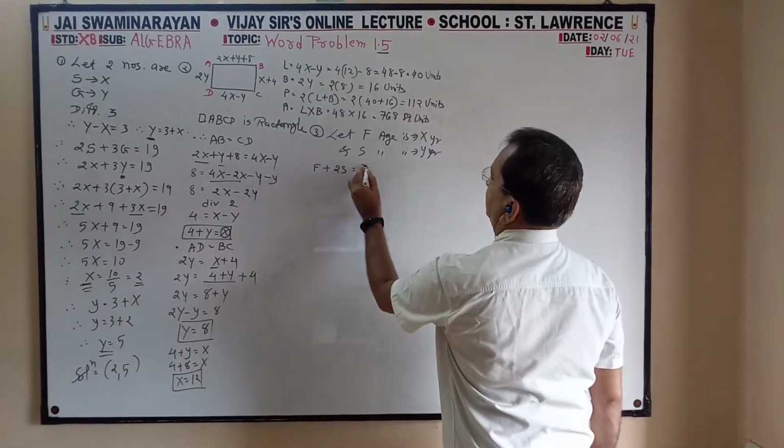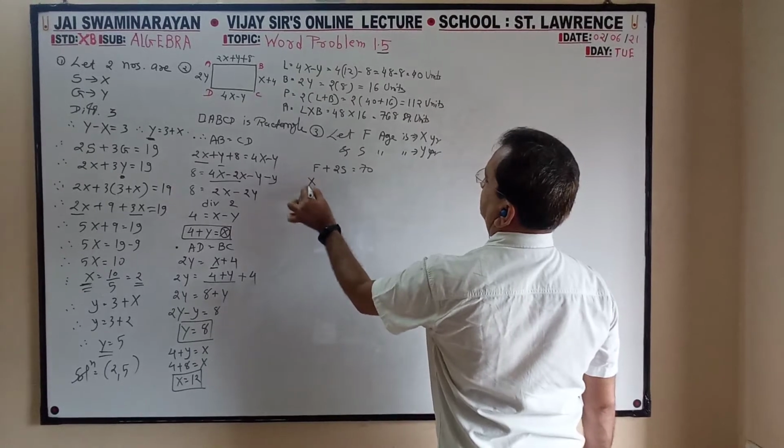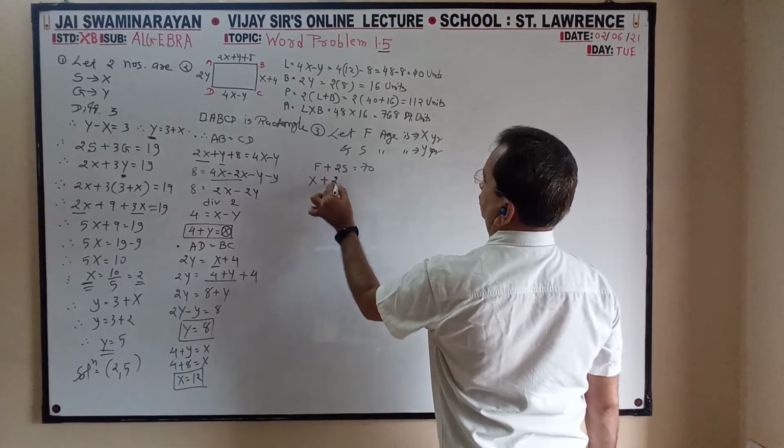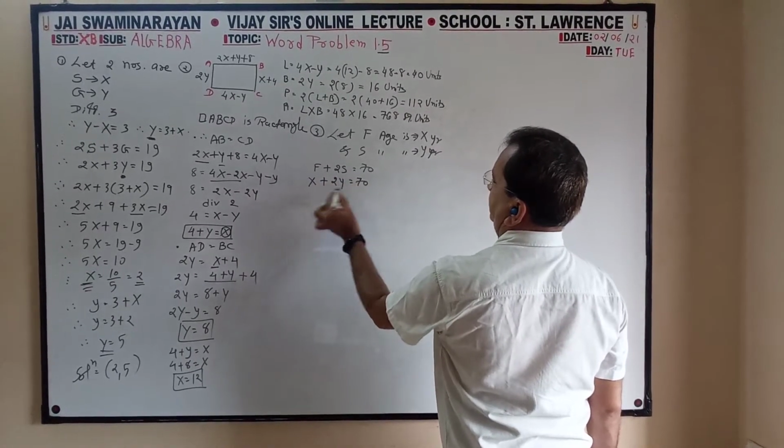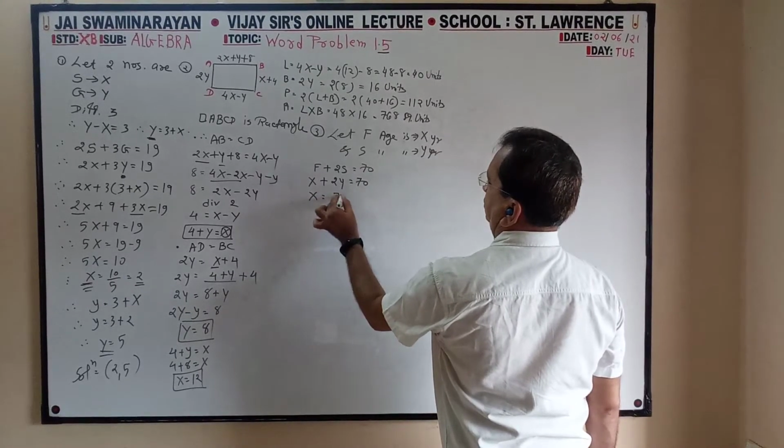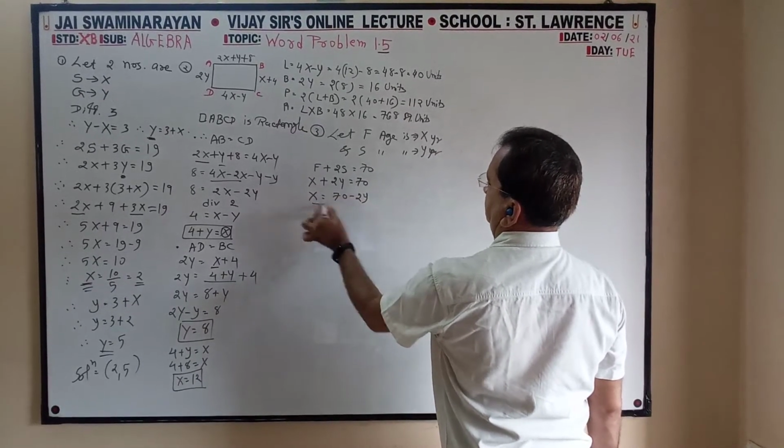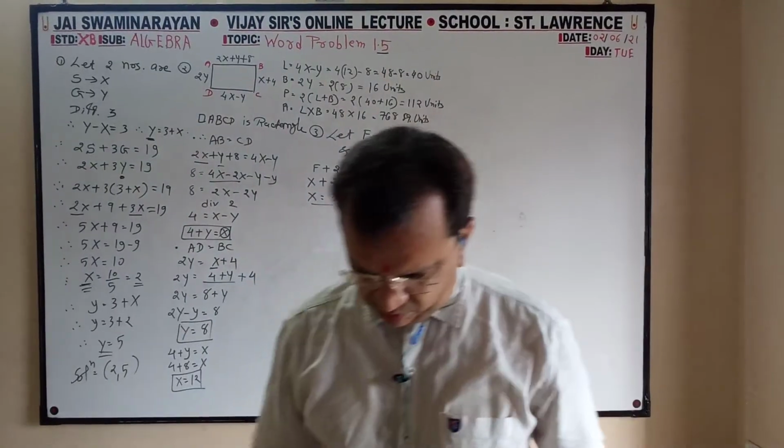It is given 70. So father is x, son is y, so x plus 2y is equal to 70. So x is equal to 70 minus 2y. Condition number 1.